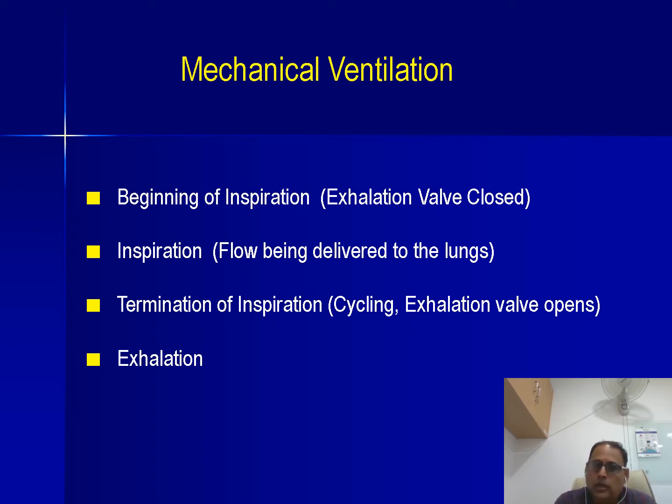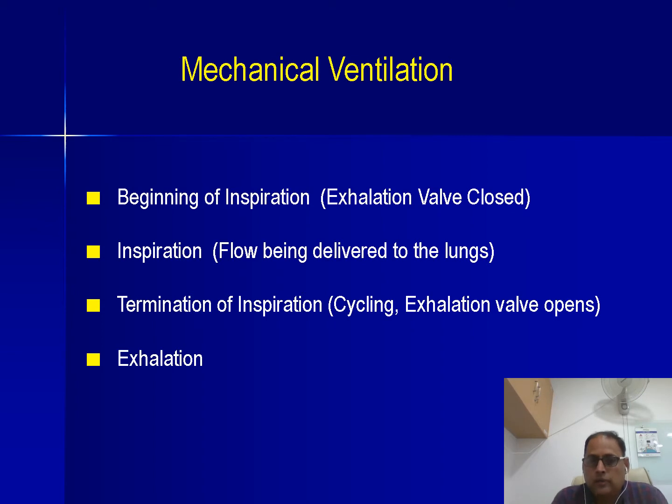The first part is the beginning of inspiration. By this we mean that the exhalation valve has closed and the machine is now pumping air into the individual through the endotracheal tube, and this process is called triggering, which we will discuss later. The second step is inspiration.